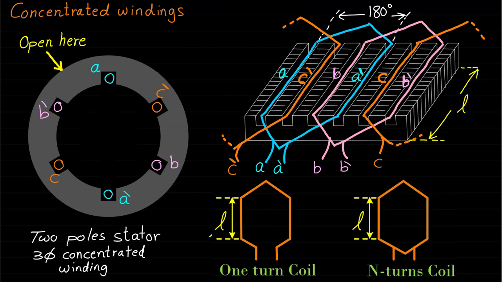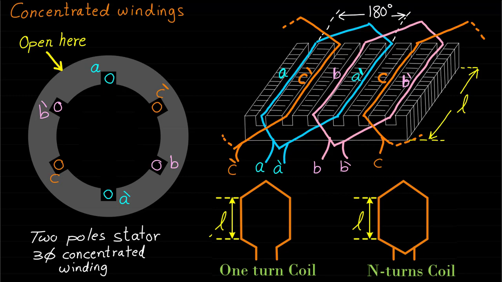It should be noted here that this stator represents a two poles stator because each phase produces magnetic field equivalent to the magnetic field produced by two magnetic poles. In other words, each phase produces two poles.